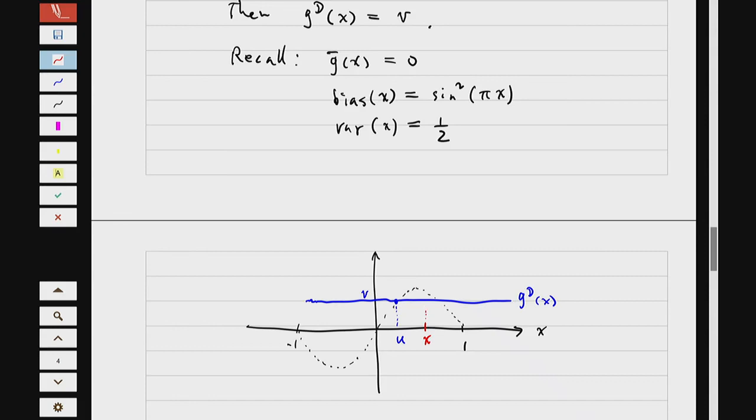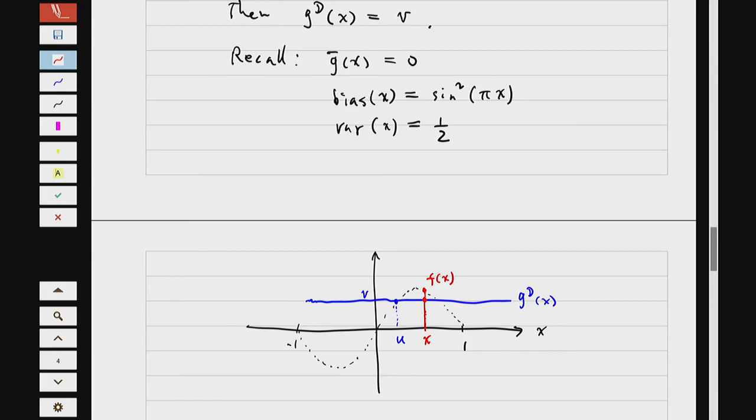Your estimated label for x is still g of x, which is still the same number, v. But the true value is f of x. So the test error with respect to this data point will be between these two red dots. That's our test error.